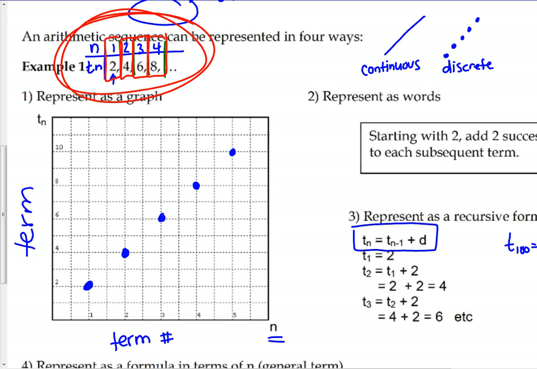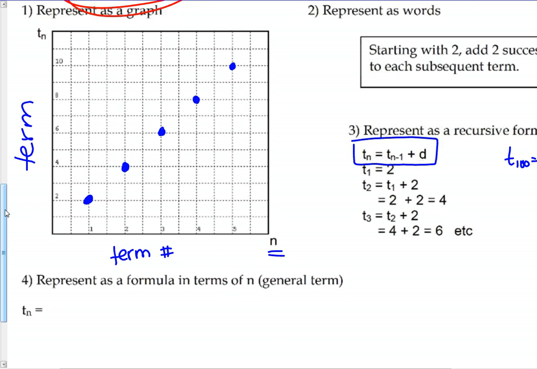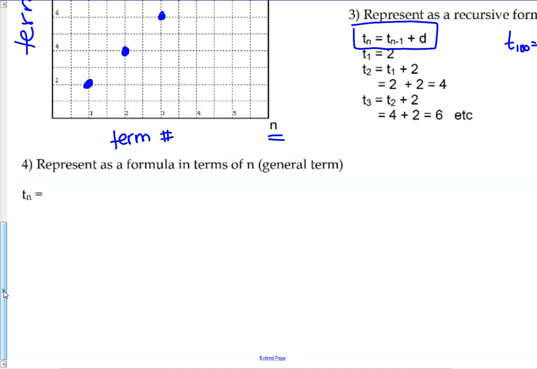Even though this is arithmetic and we're adding each time, we could also say that the value of your term, t of n, is equal to 2 times the term number. So for example, what would be the 100th term? 200. 2 times 100. Now that is much simpler.